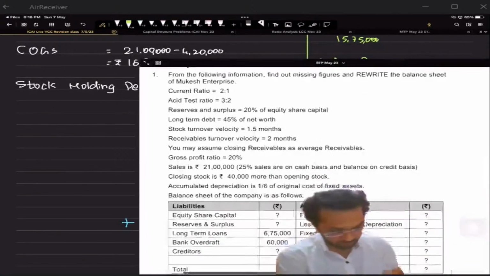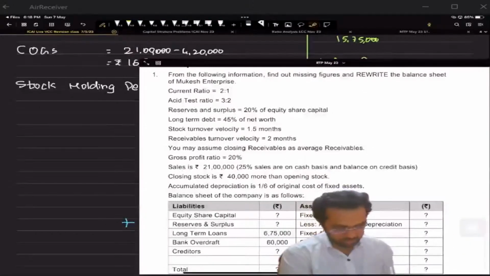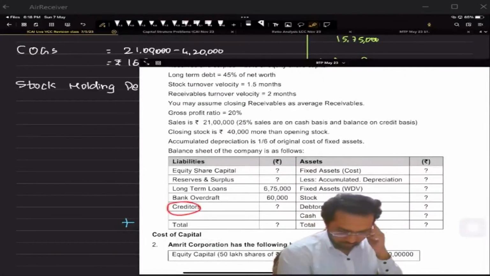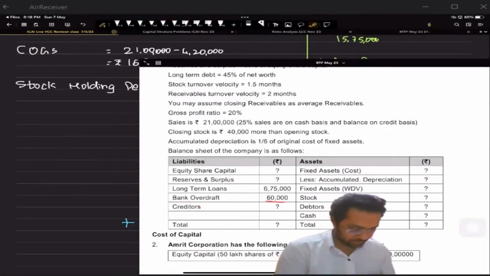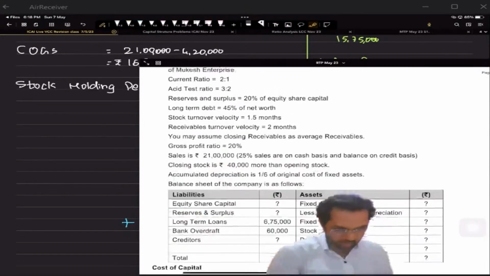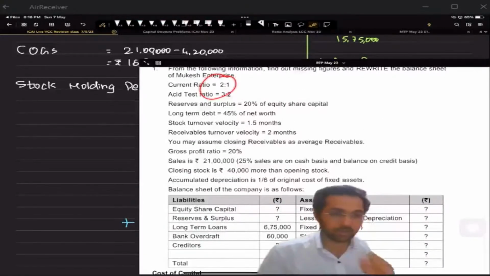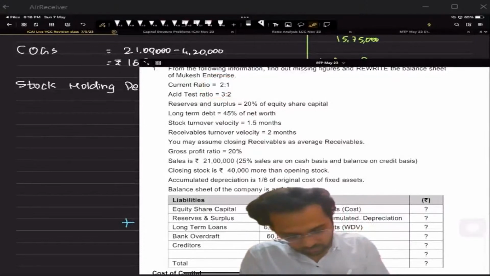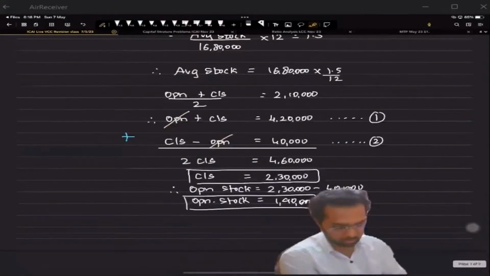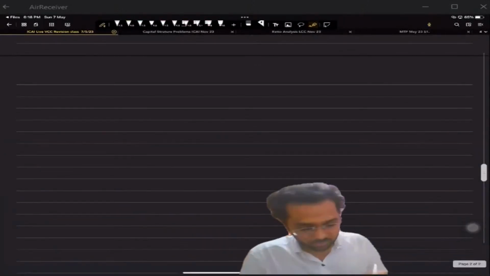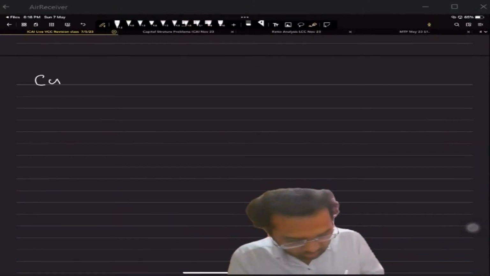Now, can we go ahead with some other ratios? Stock turnover is done, receivables is done. Now we have some amount of creditors, and bank overdraft is also given. Now we have to look at the current ratio and acid test ratio.